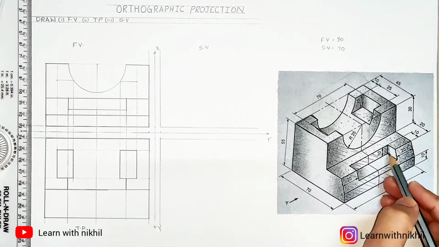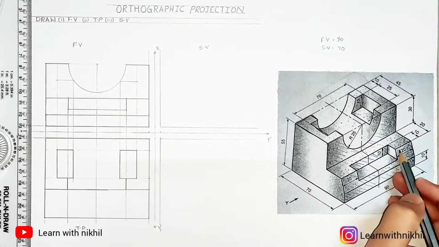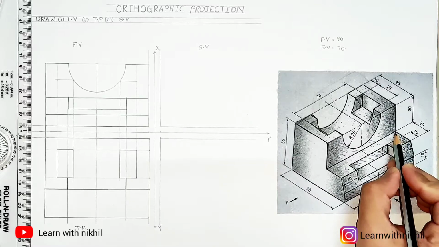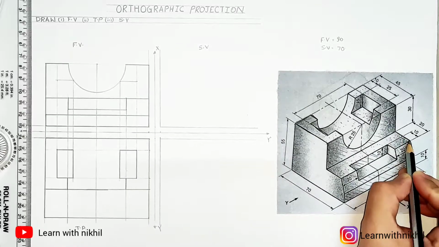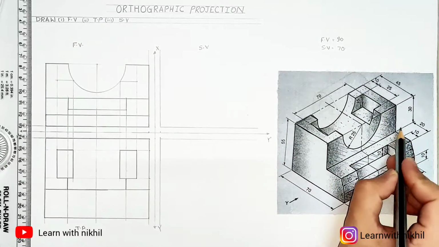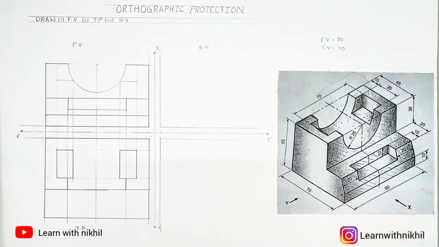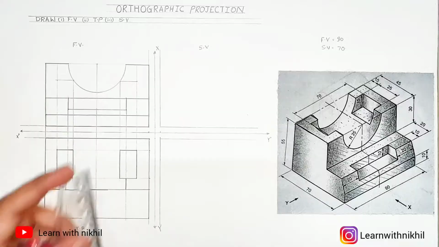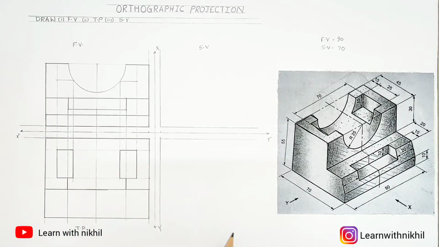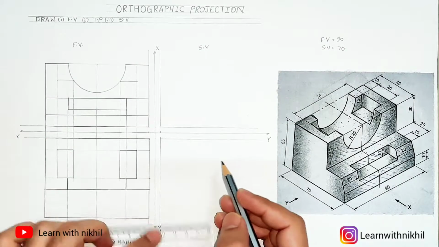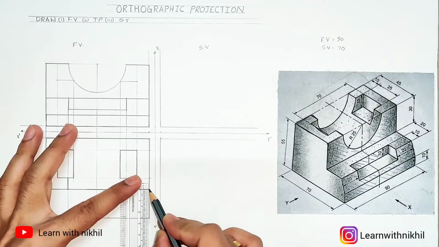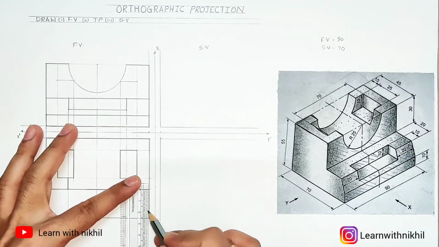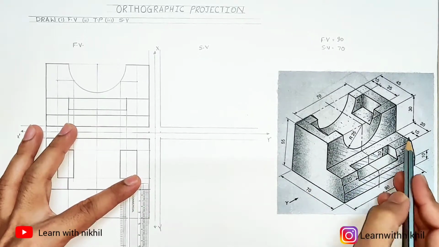Now for drawing this rectangular part, this distance given is 20 millimeter. This is 45 and this is 20. So after 45 millimeter, as we have earlier marked, from that line we will mark a point 20 millimeter. So this is 20. I have marked the point.